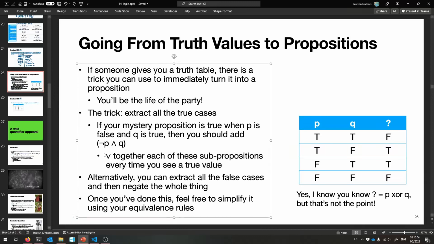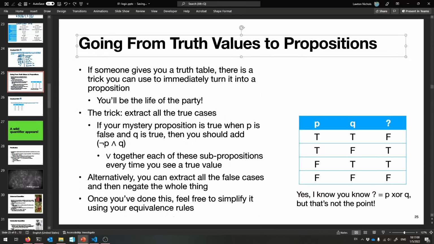Isn't that crazy? So let me show you this. Here is P. Here is Q. Here is not P. And let me show you that not P and Q makes this one row, where it's only true right there. I'll show you how that's useful.